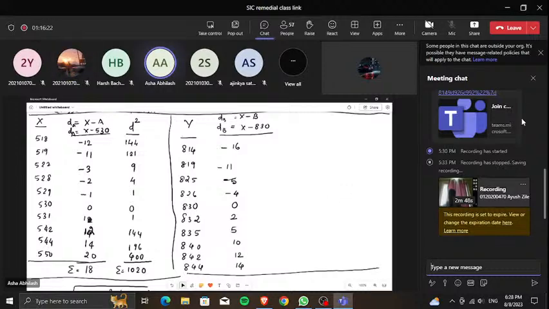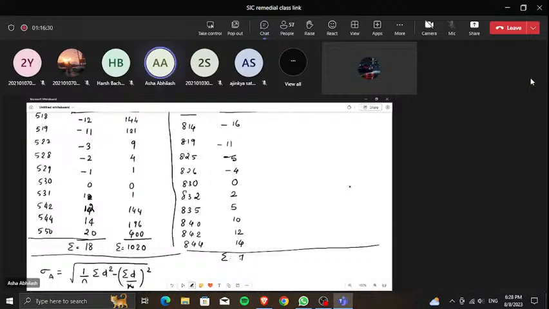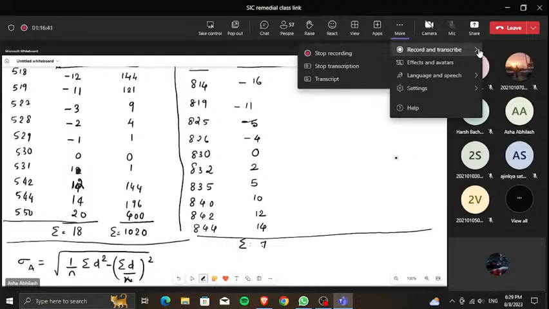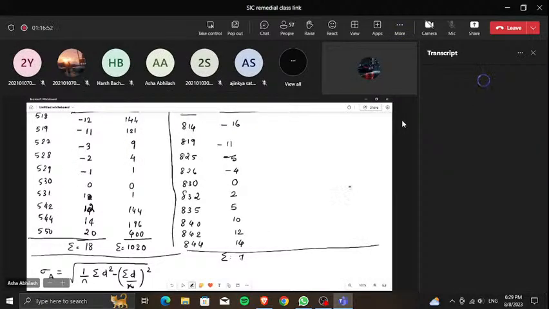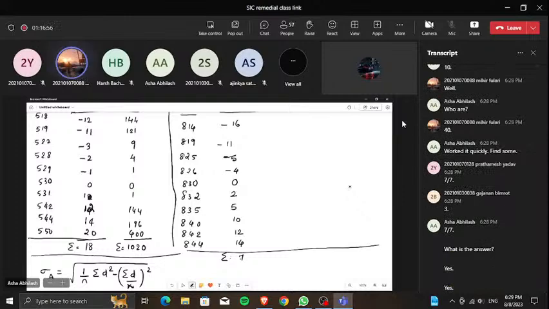Quickly find the sum. 7. What is the answer?